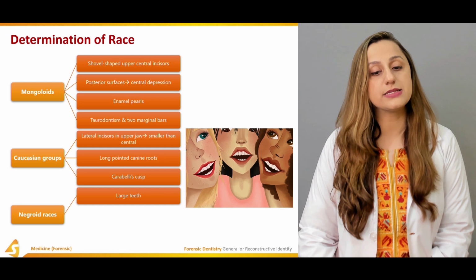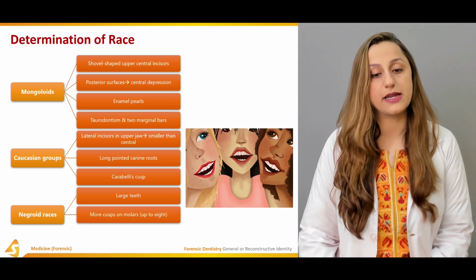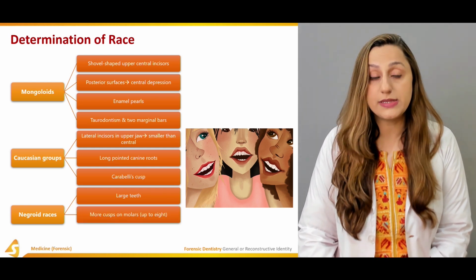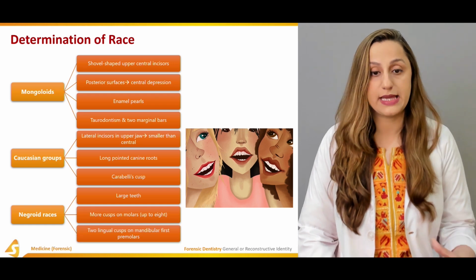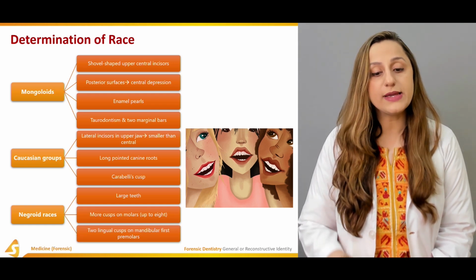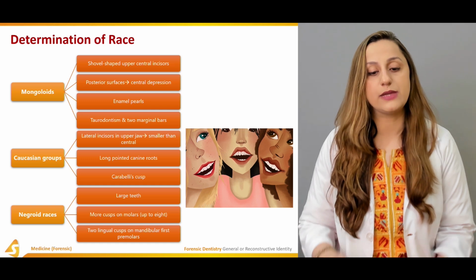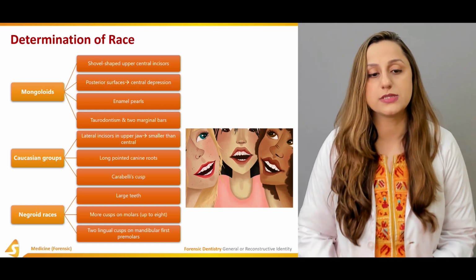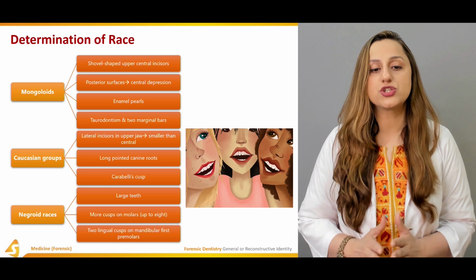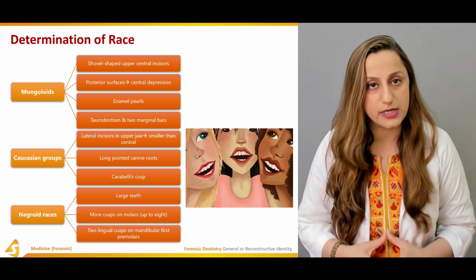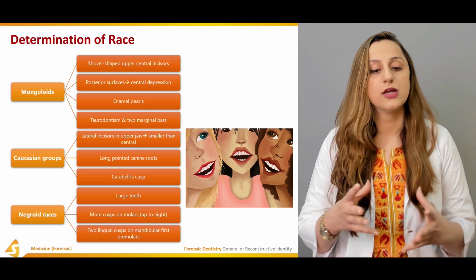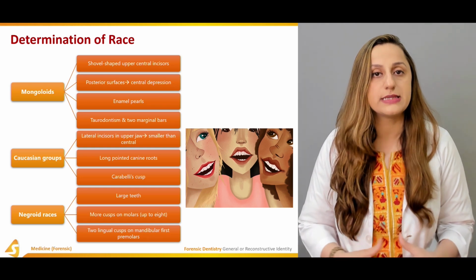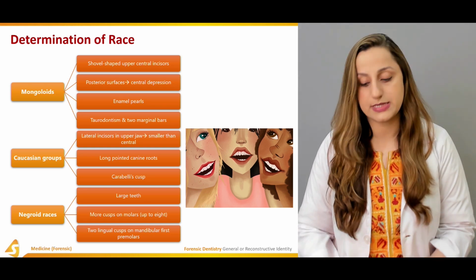The Negroid races usually have larger teeth and they have more cusps on the molar. They can have up to 8 cusps because they have larger teeth. There are 2 lingual cusps on the mandibular first premolars. So you can basically distinguish these different racial groups over here. We can have Mongoloids, Caucasian groups, and Negroid races, depending upon the characteristics of the teeth.